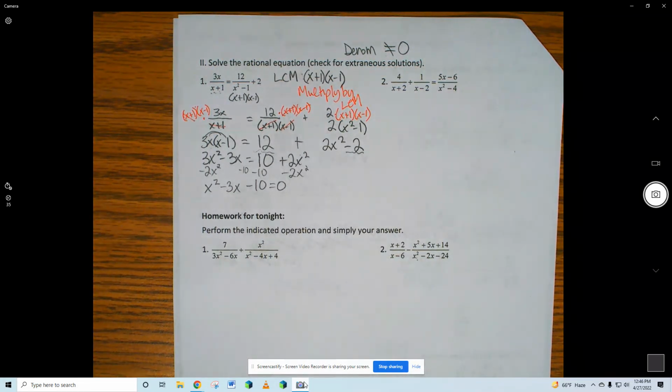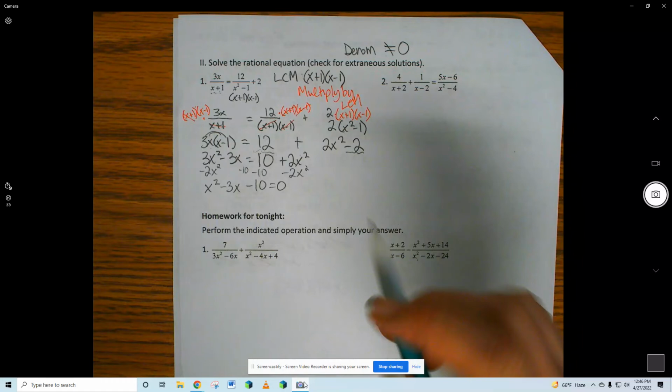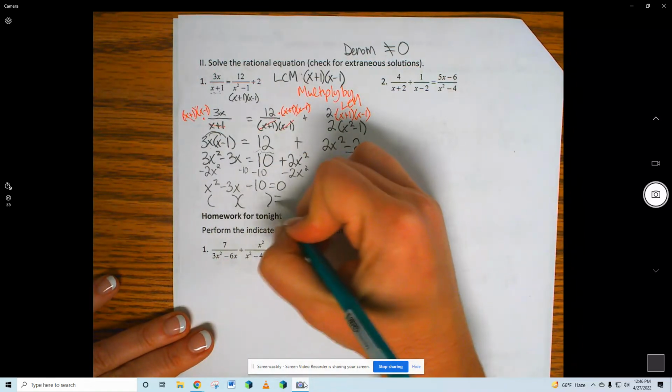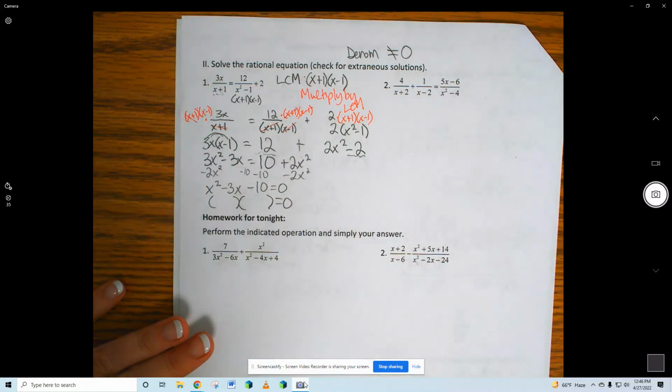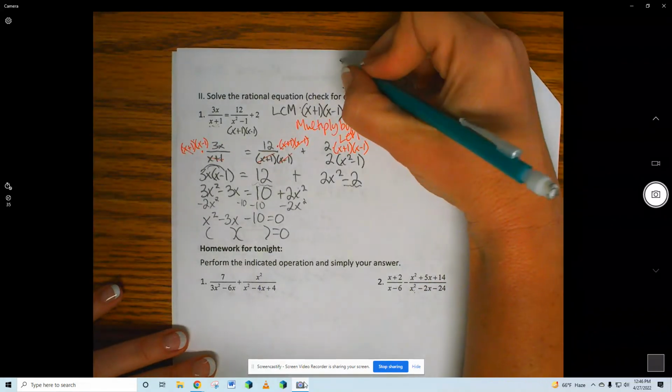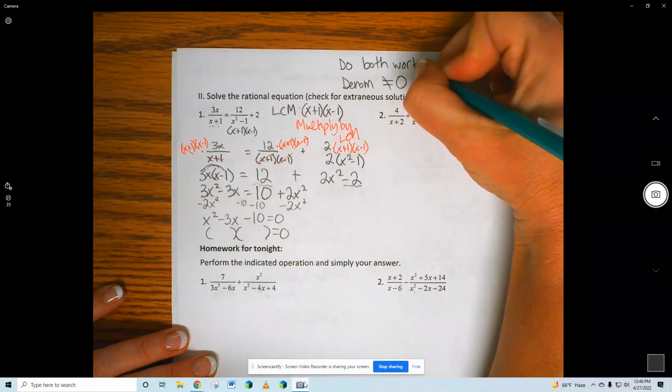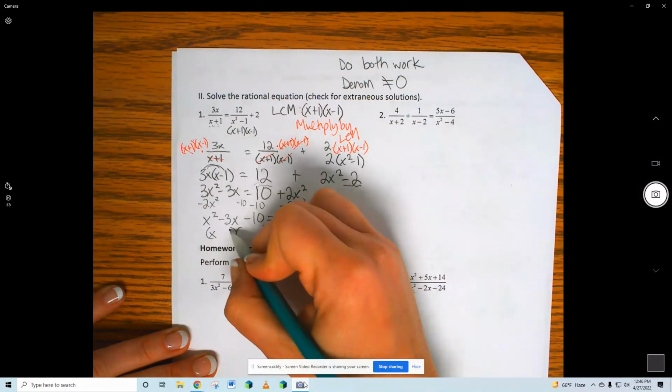So this is the part where I have to check for extraneous solutions. Like, is there an answer that doesn't work? Because I don't have a denominator now, but do both answers work? Because I'm going to get a 5 and a 2.